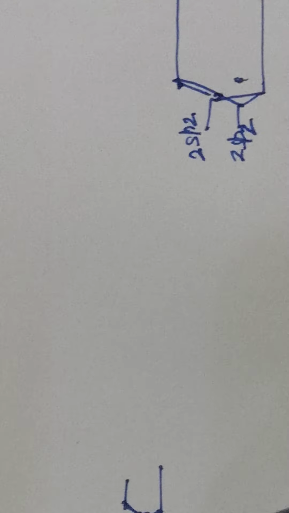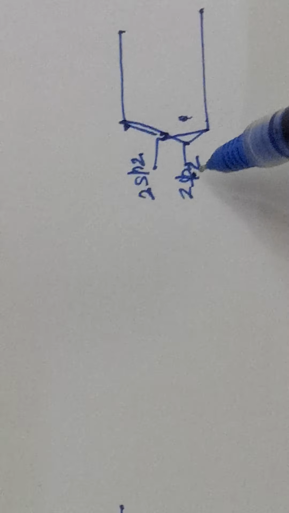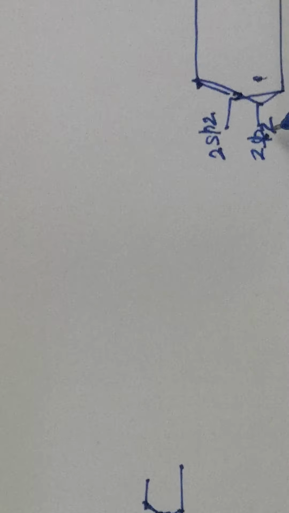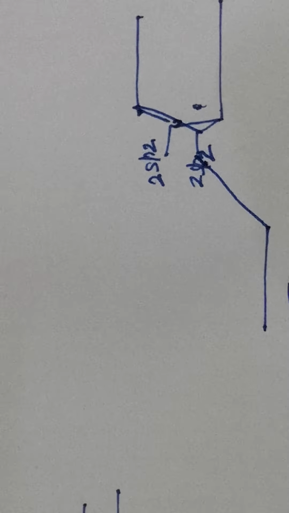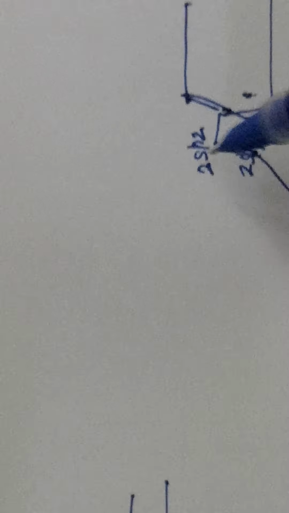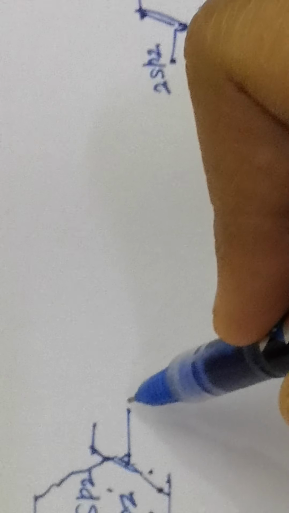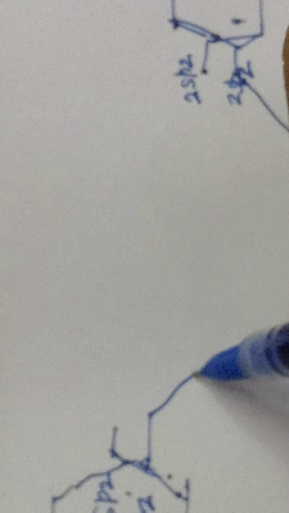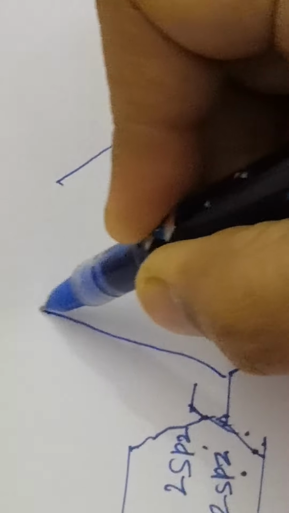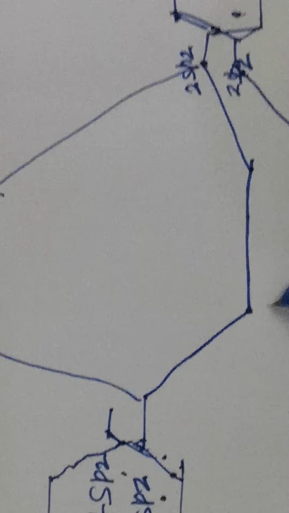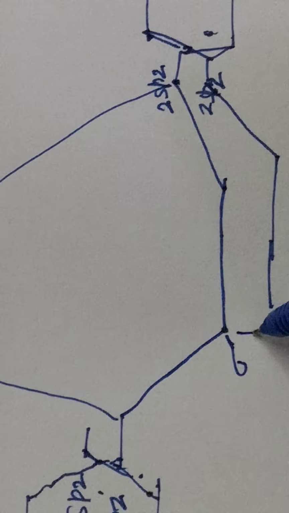The lower sp-z orbital of the oxygen will be left as such, as a non-bonding orbital. The upper sp-z orbital of the oxygen and the lower sp-z orbital of the carbon combine and give a sigma bonding and a sigma anti-bonding orbital.